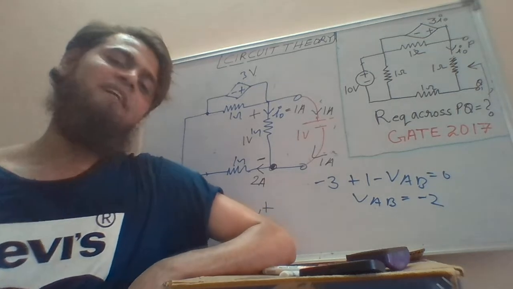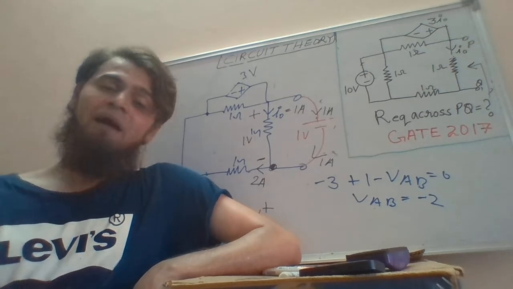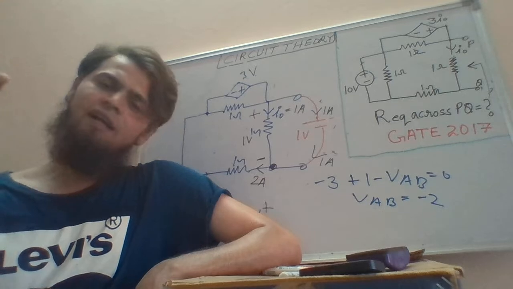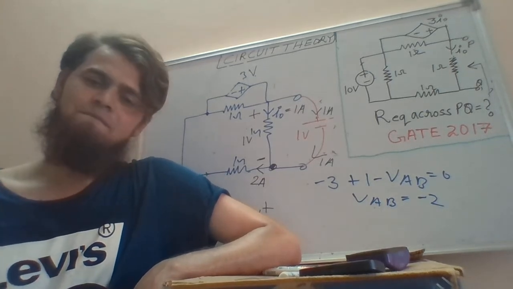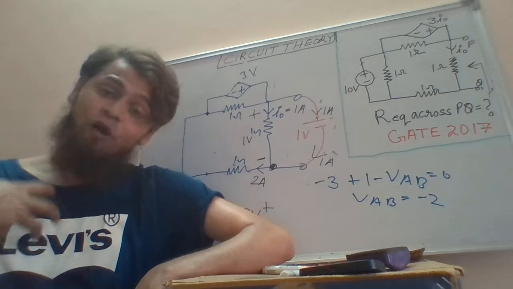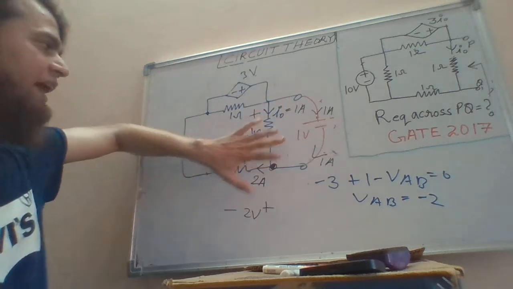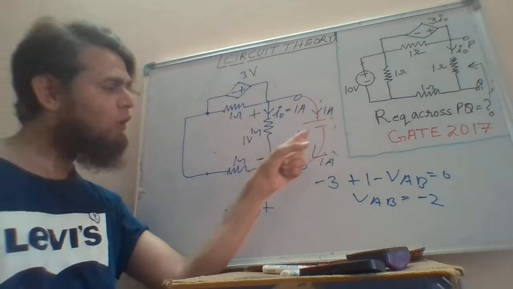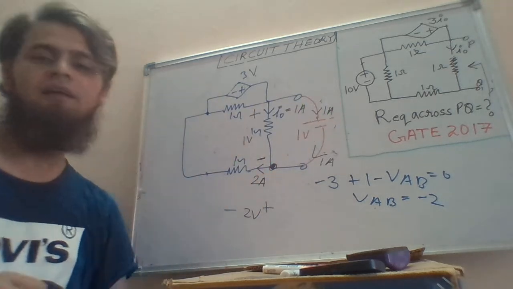But still the interesting point is, why might this have occurred? I have connected an external battery. Why is that battery not supplying current? And that also when I have killed all the nonlinearity, when I have killed all the independent sources, there is only one independent source, this external battery.